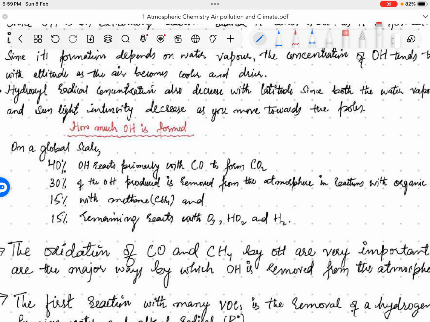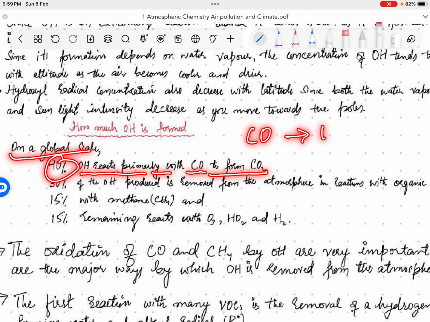On a global scale, about 40% of the OH radicals react primarily with CO and form CO2. So we can say that CO consumes about 40% of the OH radicals.